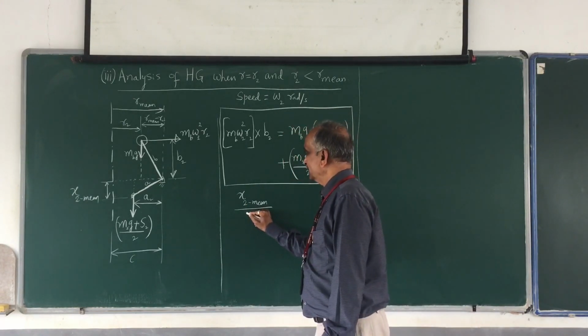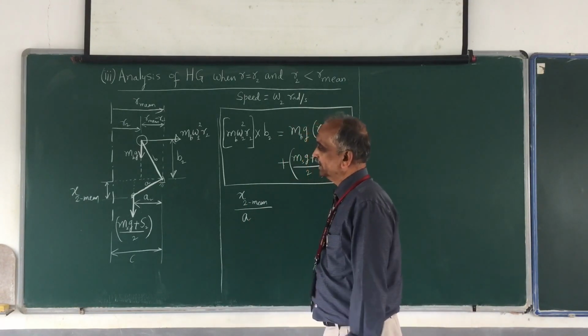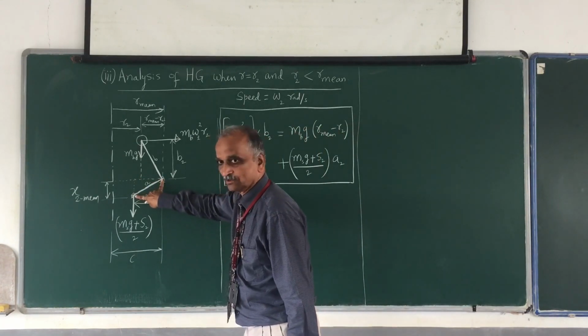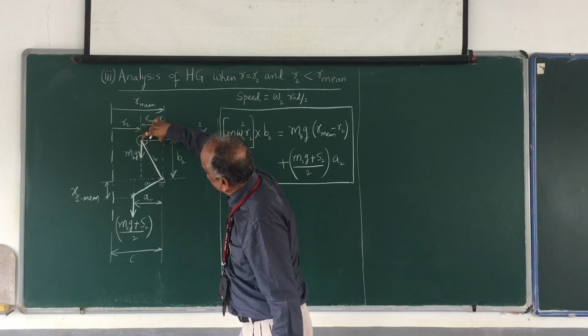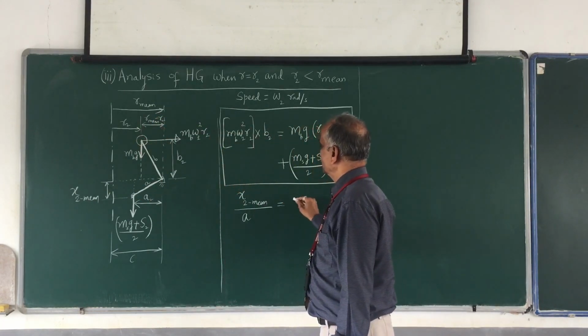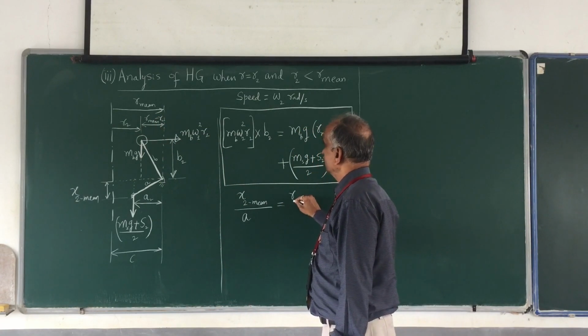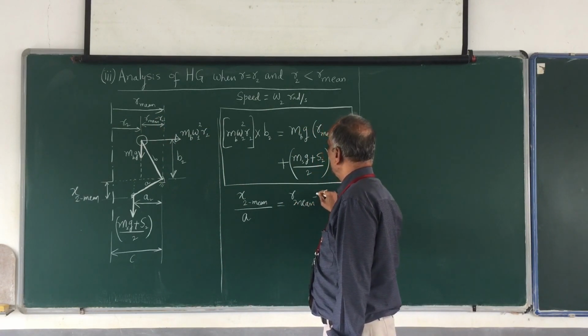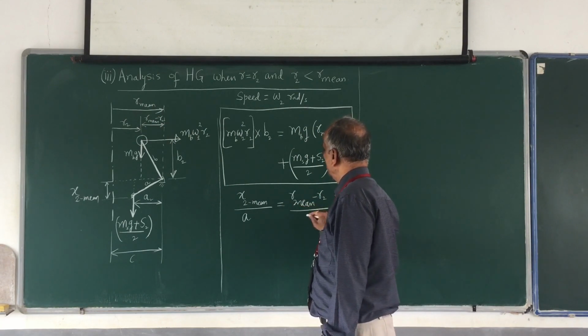So this distance divided by a is equal to this distance divided by this distance, which is r mean minus r2 divided by b.